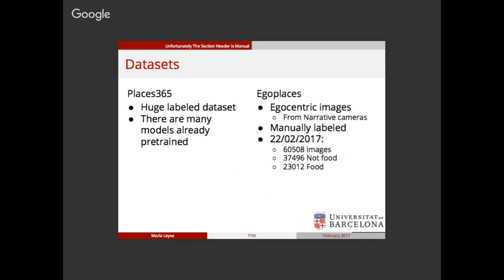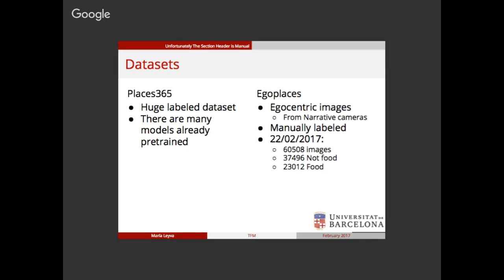And the second dataset I'm using is called EcoPlaces, and it is egocentric images labeled for food-related and not food-related environments. It started from the dataset this university had, the EDUB set, and I increased it, wearing the camera myself and labeling other photographs you had available from your own gatherings for your own problems.